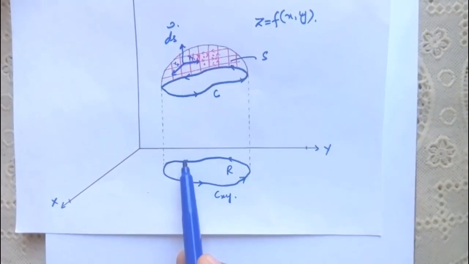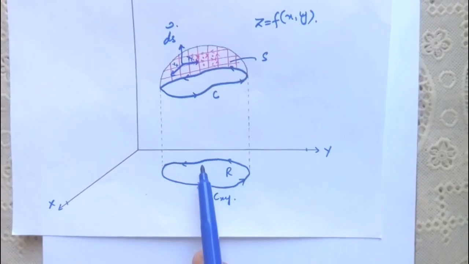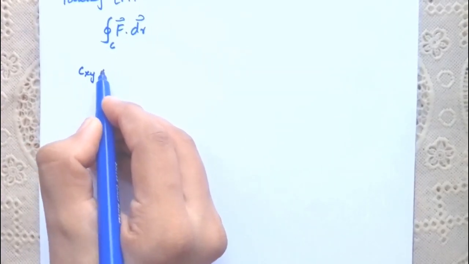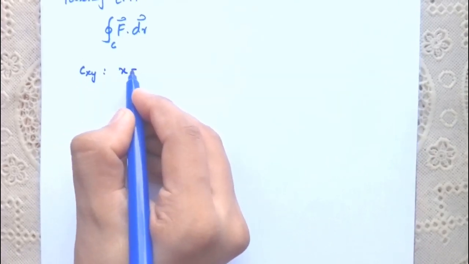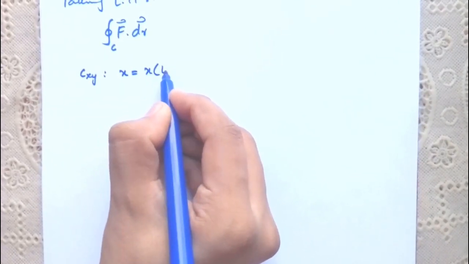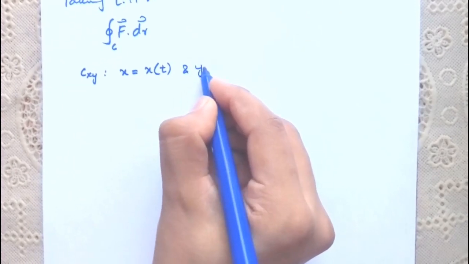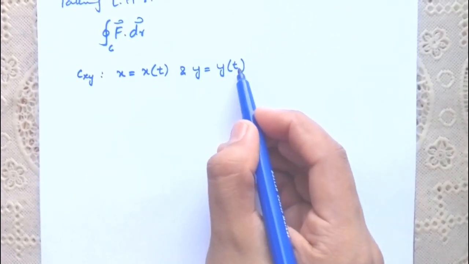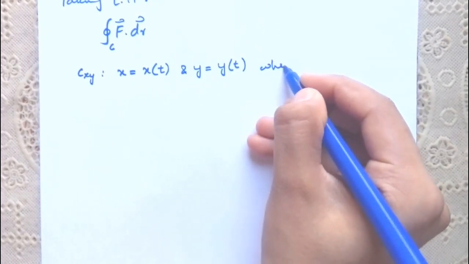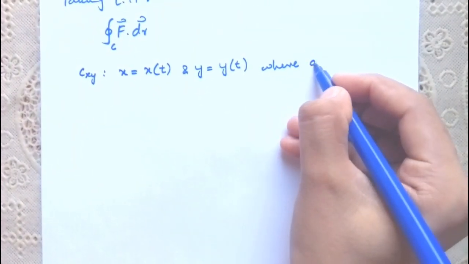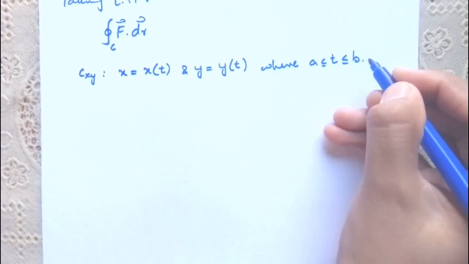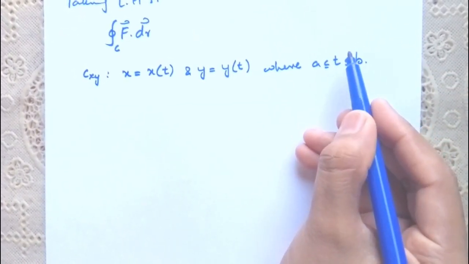So let me write this curve C_xy in the form of parametric equations. That is C_xy, where x is equal to x(t) and y is equal to y(t). Both are functions of t, where a is less than or equal to t and t is less than or equal to b. t is a parameter, right?